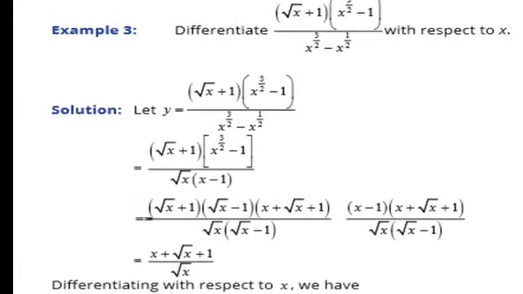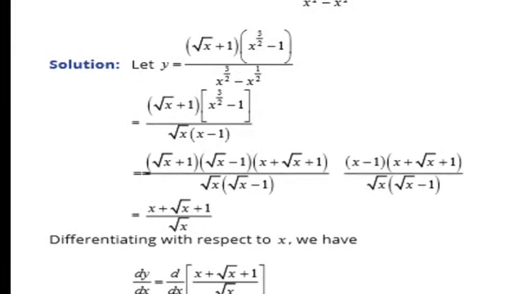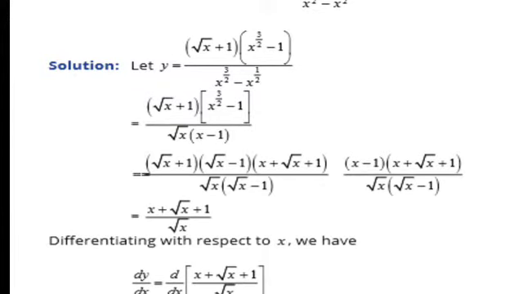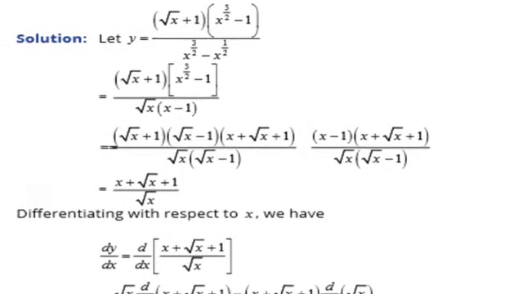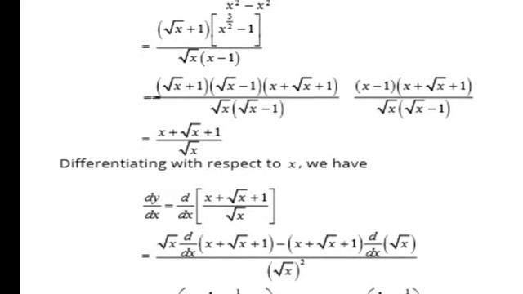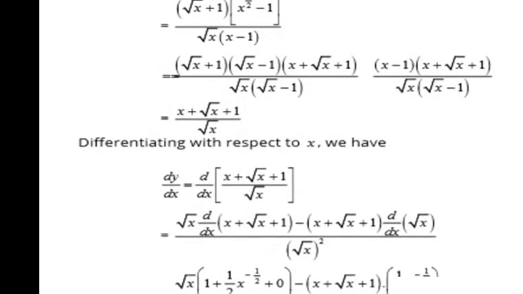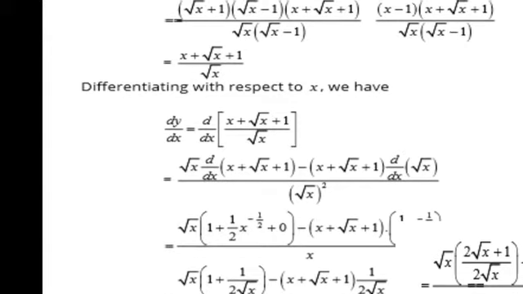Now again, the same example. We apply the formula a cube minus b cube in the numerator, and in the denominator we take square root x common, because x raised to the power 3 by 2 can also be written as x square root x. Here we have the value at the end, x plus square root x plus 1 over square root x, and we apply the quotient rule.